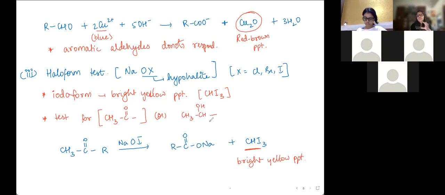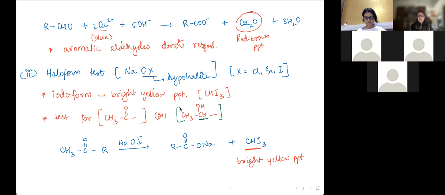During the course of this reaction, if you have a CHOH, it anyway oxidizes to C double bond O. So either this or this, secondary alcohols basically, either it's CH3C double bond O or CH3CHOH. On oxidation you invariably get this only, right?